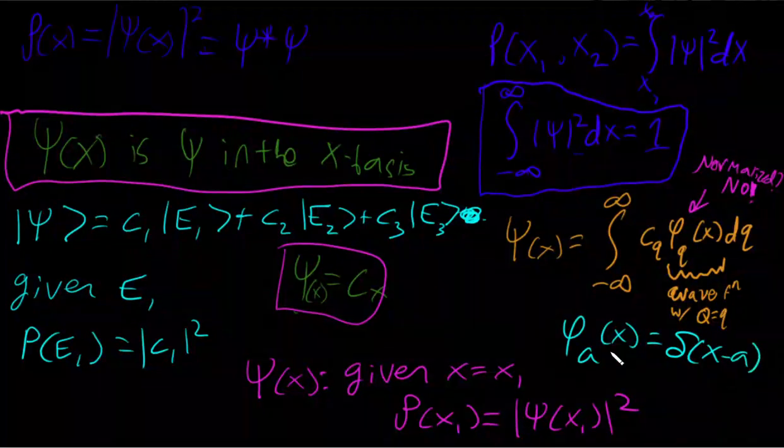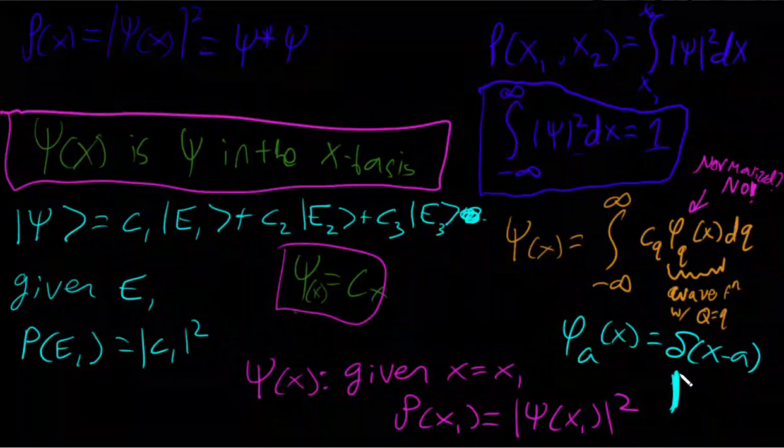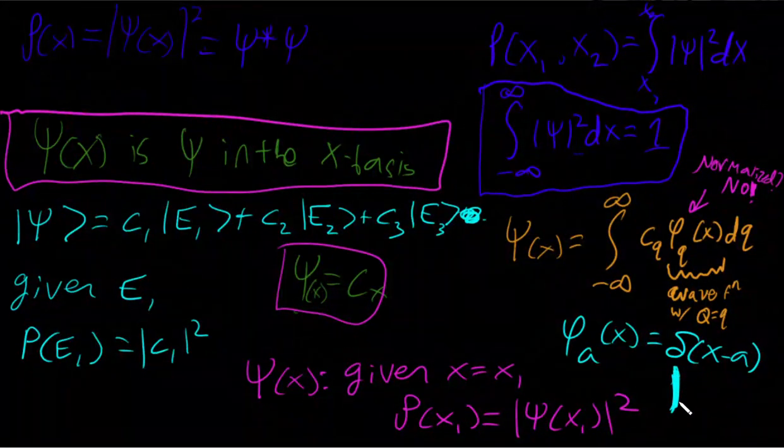If we're trying to build a wave function with a definite value of x, we would want it to look like just a spike at x equals a and 0 everywhere else. Now that we know the wave function's probability density, it's infinite here. It's a probability of 1 divided by an infinitesimal area.